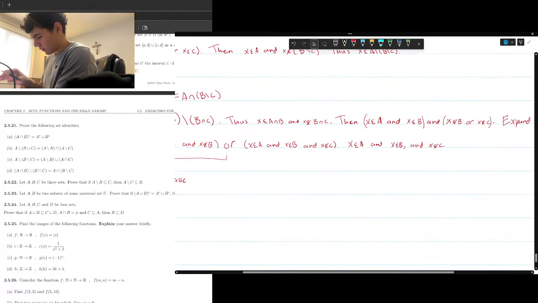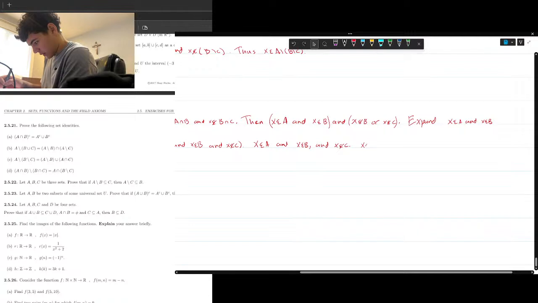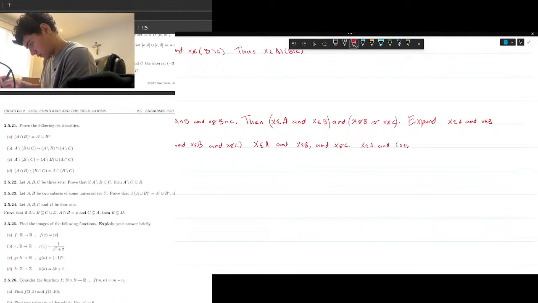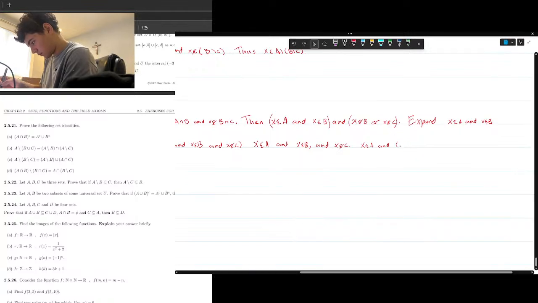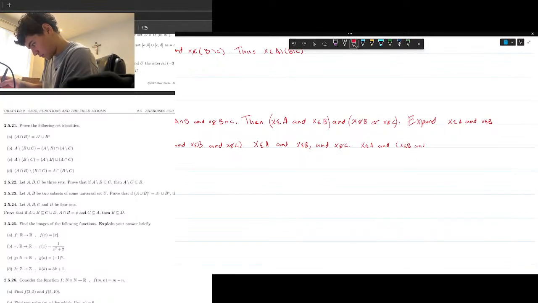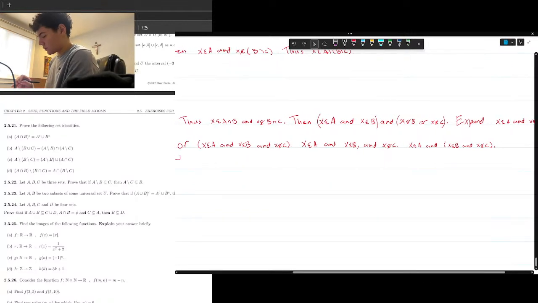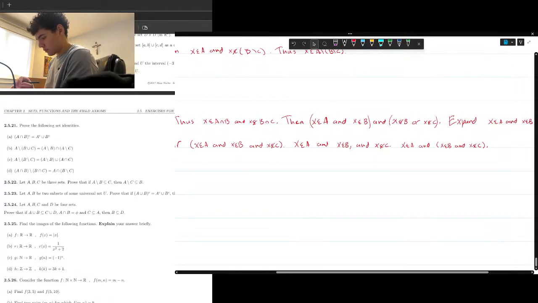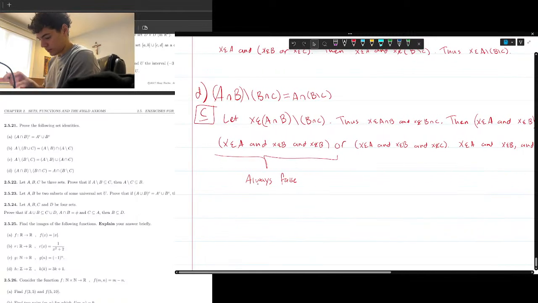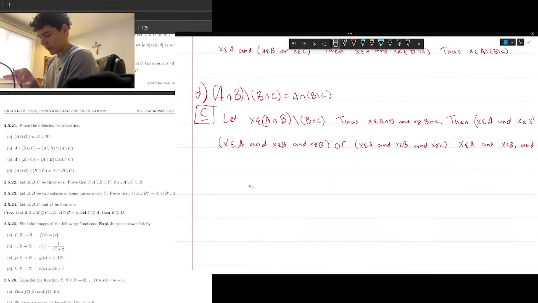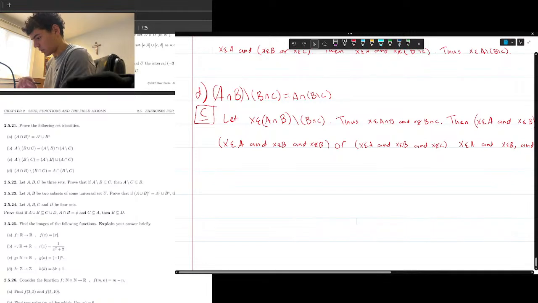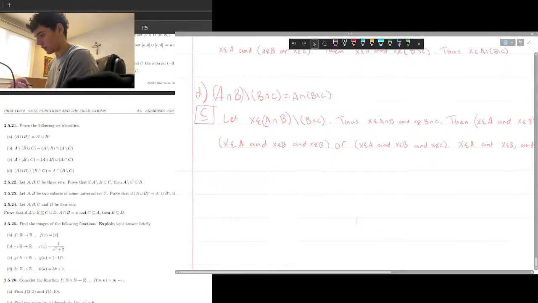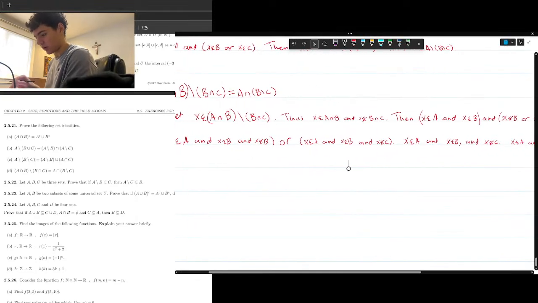And I guess here you just factor out X in A. The only question I have here is, technically you should be able to group the X in A and X is not in C together.